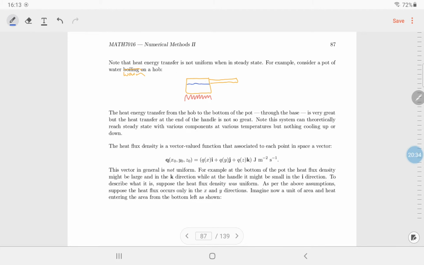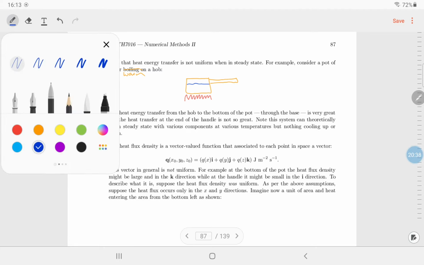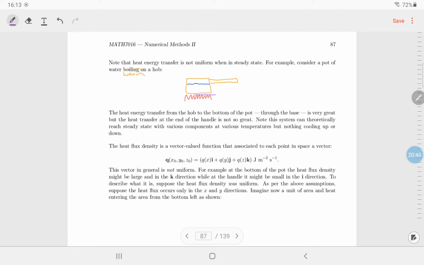Water's warm. So the heat transfer isn't uniform. It goes in different directions. So you're going to have a big one here and a smaller bit of heat transfer there, something like that. This system can theoretically reach steady state with various components at various temperatures, but nothing heating up or cooling down.